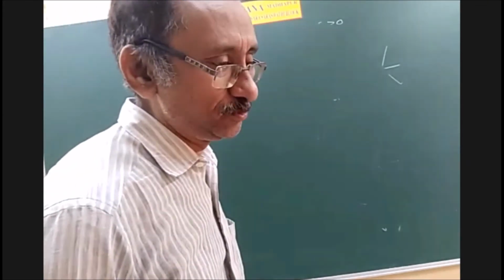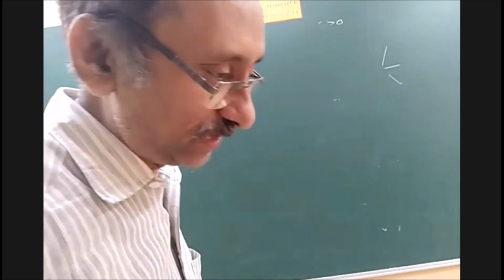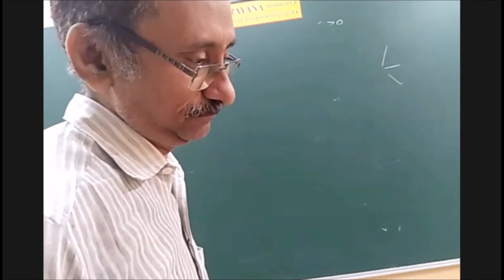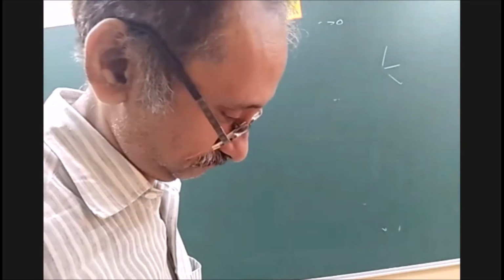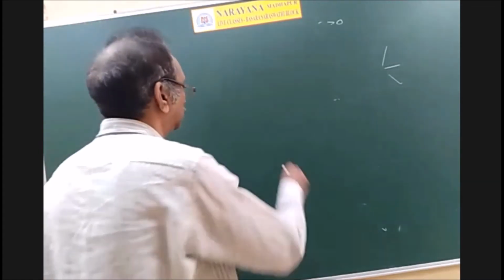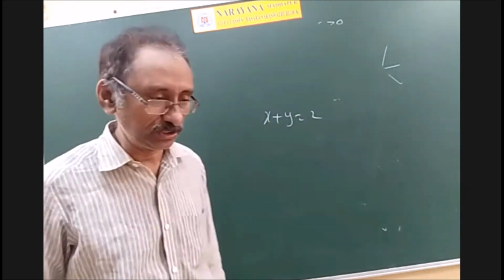Solution means you have to give one value of x, one value of y, one value of z. Those 3 together will give you one solution. So give me one solution. Sir, don't know. So okay, suppose x plus y is equal to 2. Now give me one solution.